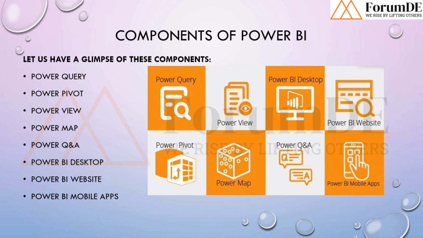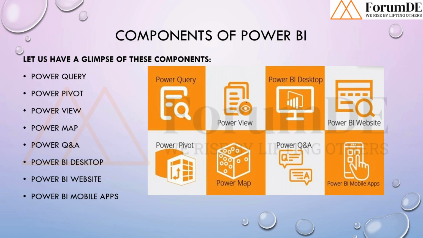Sometimes it would start with the very first thing, which is Power Query, or the Power Query editor. It's an ETL tool integrated with Power BI that is responsible for cleaning all kinds of data. Then the second one is Power Pivot.